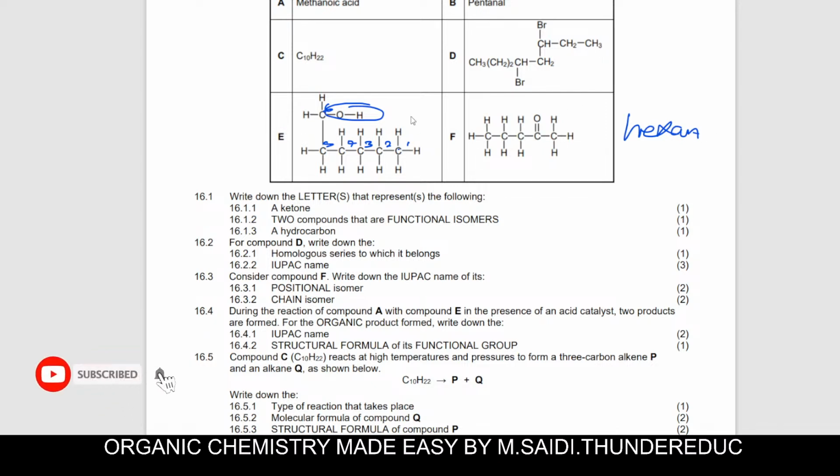So because it is an alcohol, I'll put OL, and it's on carbon atom number 1, dash 1. So it's going to become hexan-1-ol. Simple. Yes, as simple as taking ice cream, because there are no bonds.